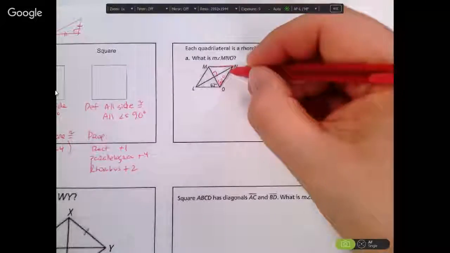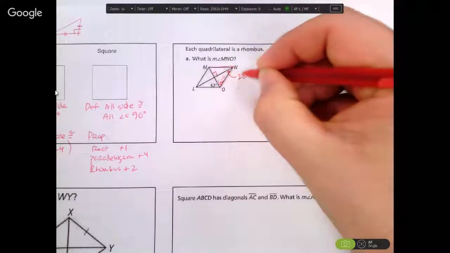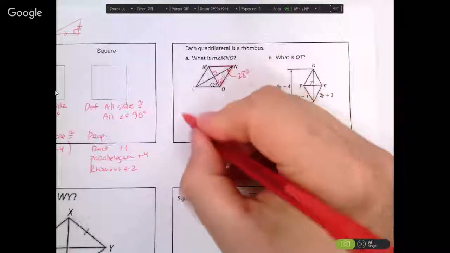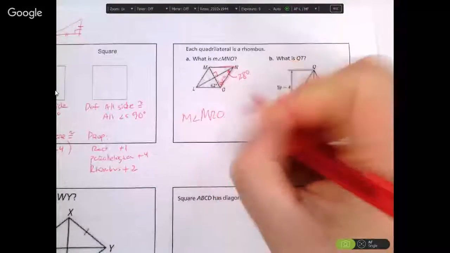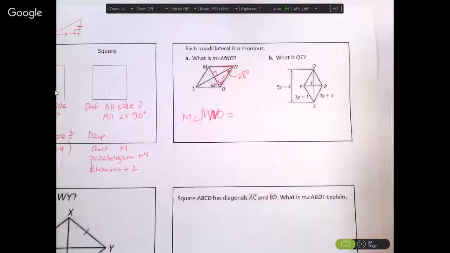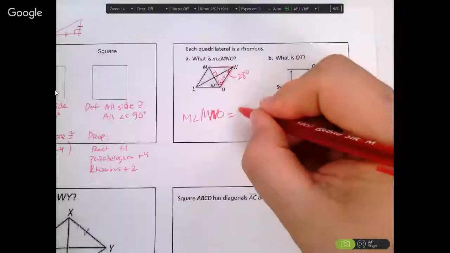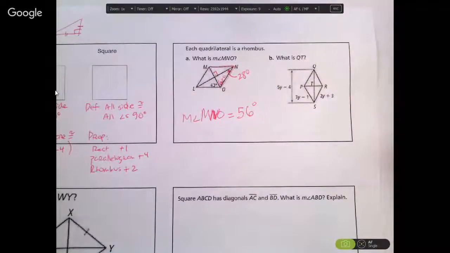So I was just told that this angle right here, this small angle, is 28. So the big angle, the answer to the measure of MNO, is 56, because 28 times 2 is 56.